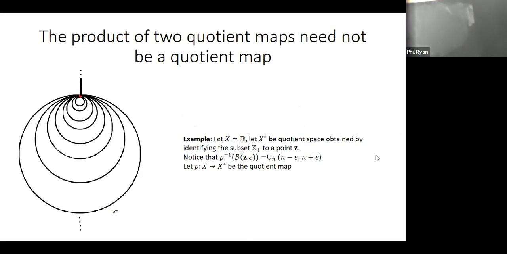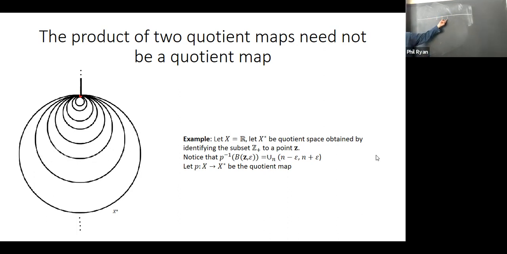So let's start off with X being the real number line. And then I want to consider the quotient space where we just identify the subset of positive integers with the point Z. So what are we doing? Here is 0, and here is 1, and here is 2.